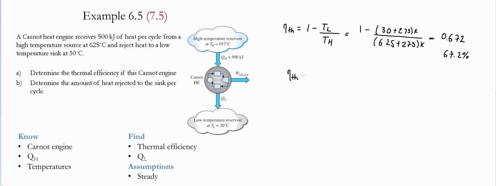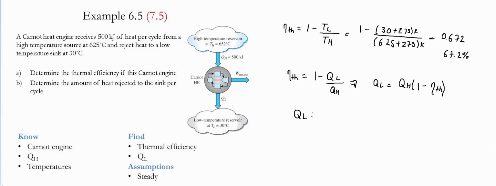In order to find the amount of heat rejected, we're going to use the alternative definition of the efficiency, which uses the amount of heat rejected and absorbed by the heat engine. This is equal to 1 minus QL divided by QH. And then what we're going to do is solve this equation for QL, which is the value we're looking for, and this gives us that QL is simply going to be QH times 1 minus the efficiency, which we found in the previous step.